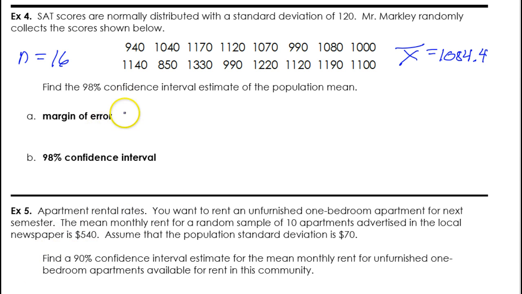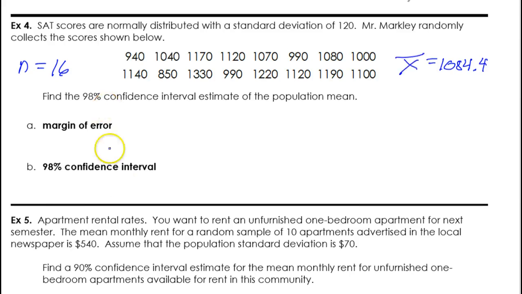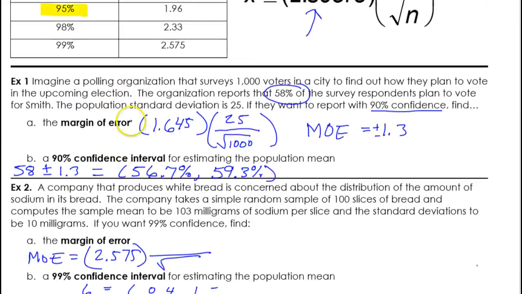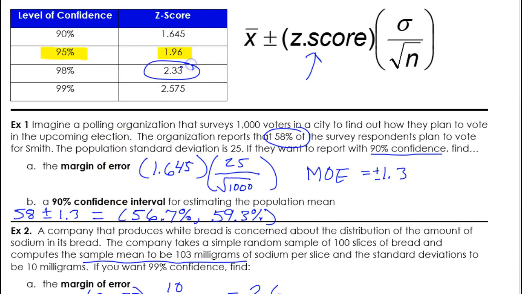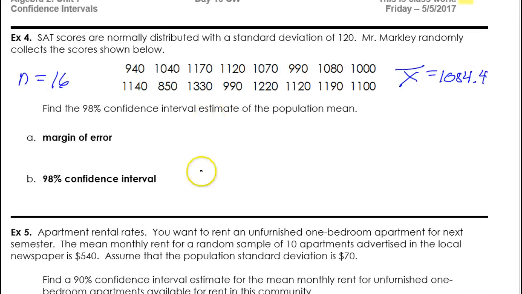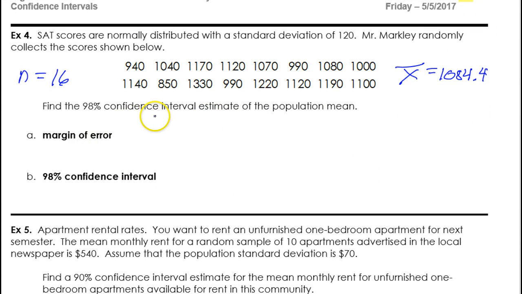All right, so the margin of error. We want a 98% confidence interval, so that means we need the z-score 2.33. Hopefully you did 2.33. The standard deviation goes on top, so 120.